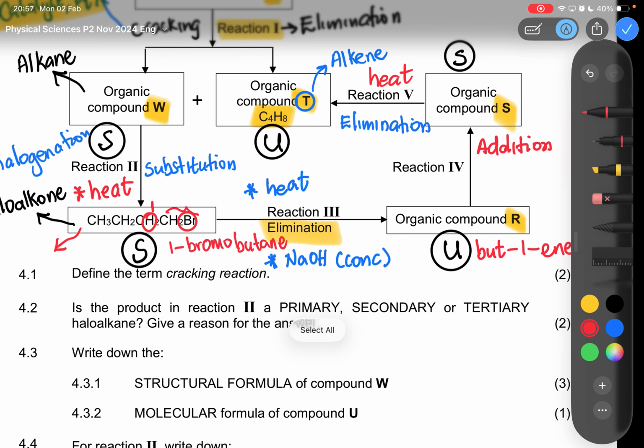Someone in the comment section, please help us define cracking.